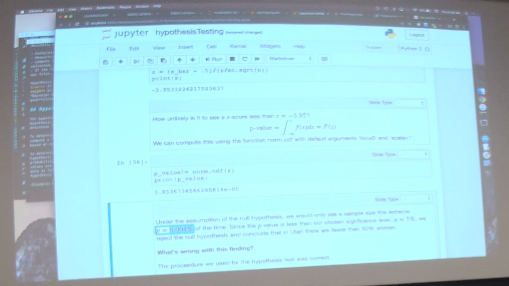But our sample wasn't representative. So we did all the machinery correctly, and we didn't make any coding mistakes or anything like that. We made a mistake interpreting a sample to be representative of a population when it really wasn't.